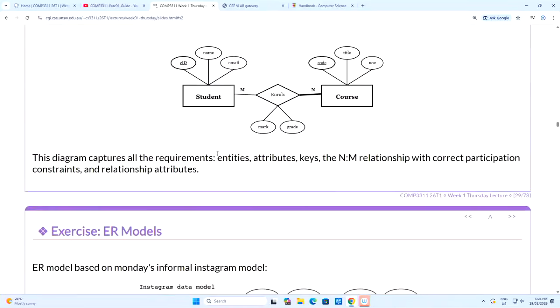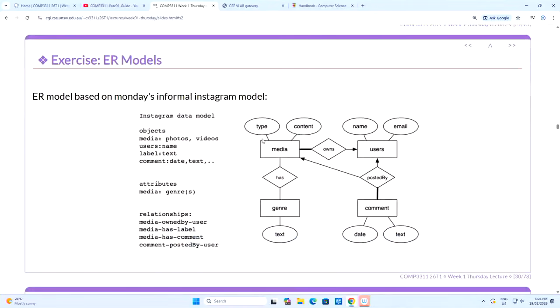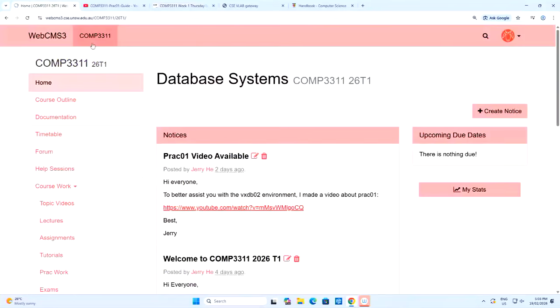Okay, let's get back to class. A student asked me where they can get information about the practical. You can find it here. I posted it on YouTube. I'm planning to do more videos, based on the feedback of previous offerings.